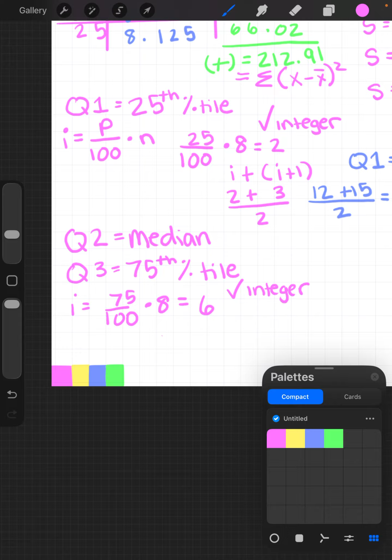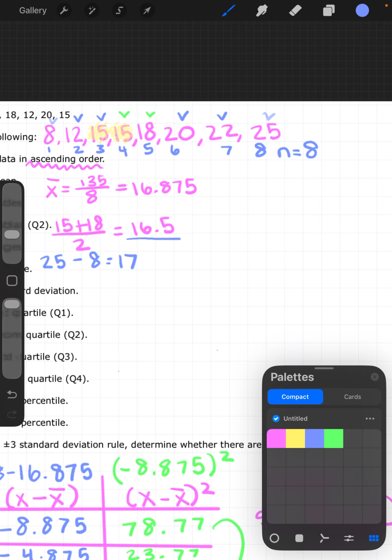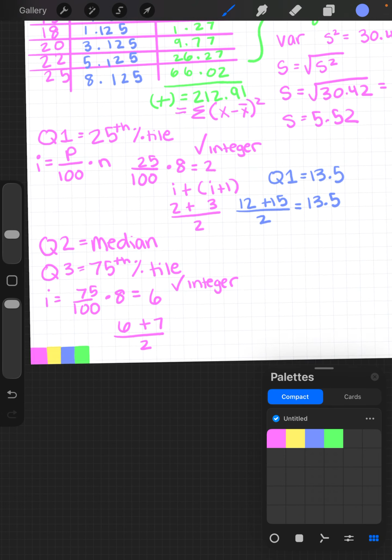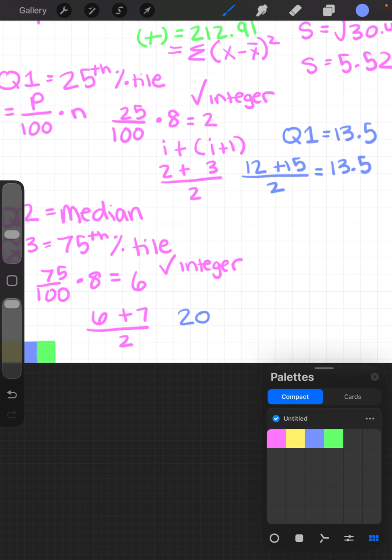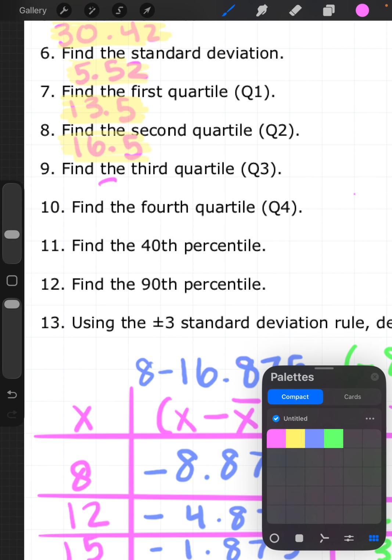So it's going to be 6 plus 7 divided by 2. And 6 plus 7 divided by 2, we have 20 and 22. So we're going to have 20 plus 22 divided by 2 is equal to 21. So let's put that up here. 21.